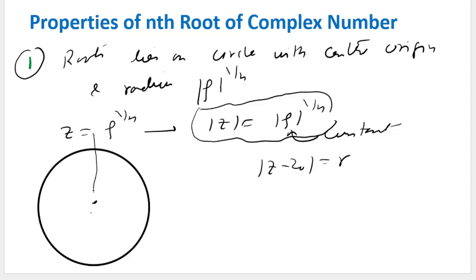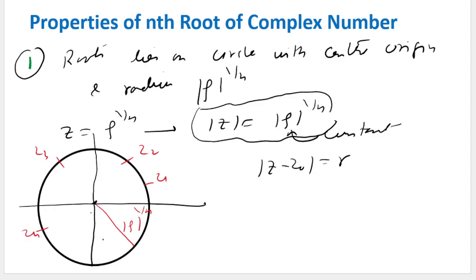So basically this is the axis. So z lies on this circle, and the radius of this particular circle is mod rho to the power 1 by n, and whatever the roots, let's say the roots are z1, z2, z3, z4 up to zn.